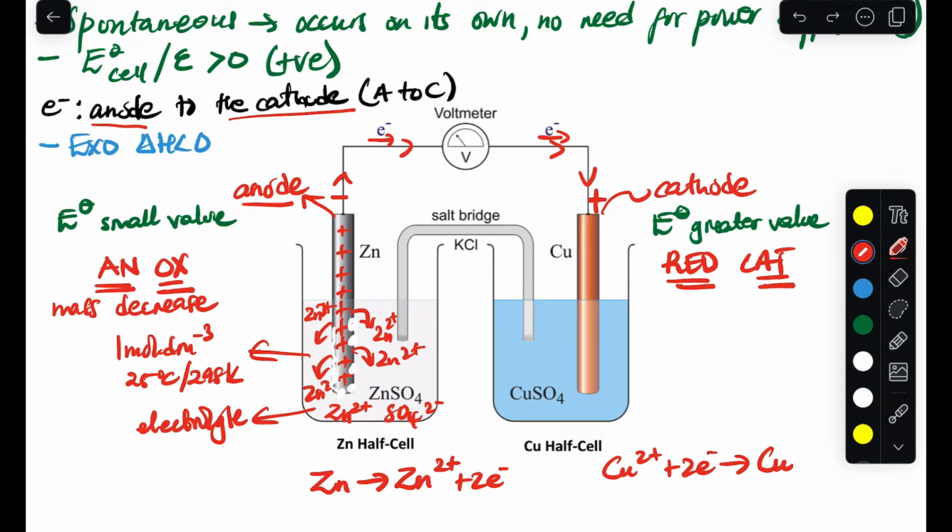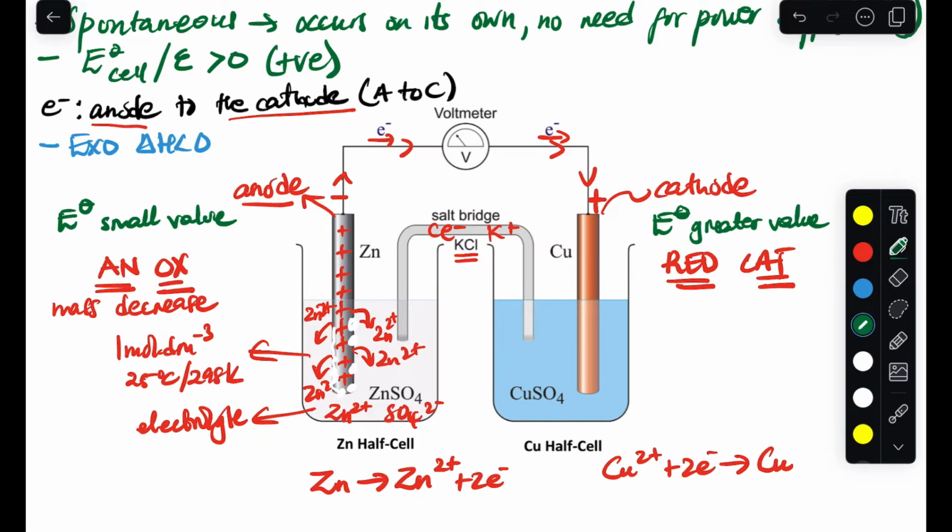In the salt bridge, there's a soluble salt there, potassium chloride. There are potassium ions that are there, and there are chloride ions, a lot of them. So what's going to happen?